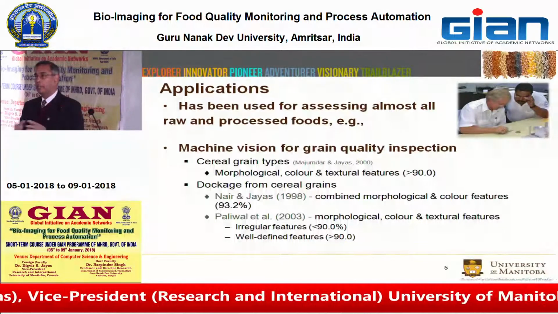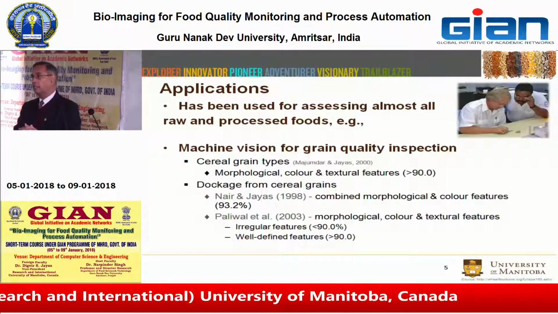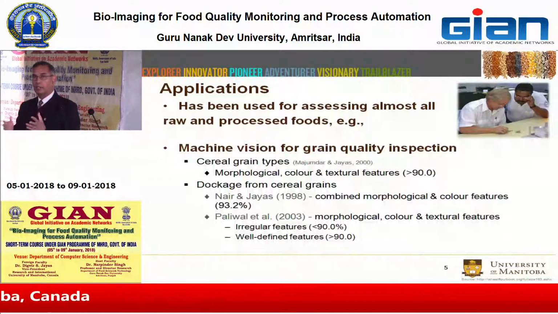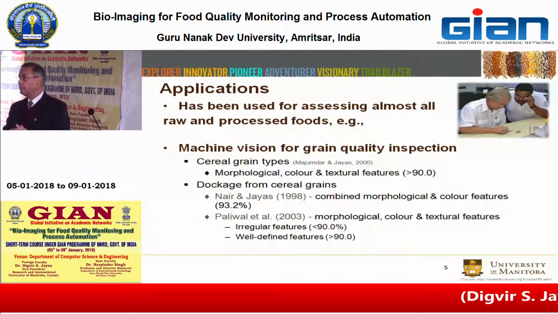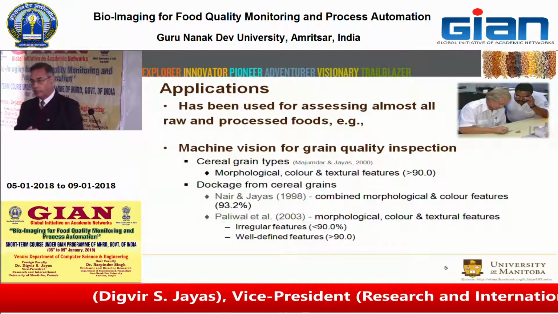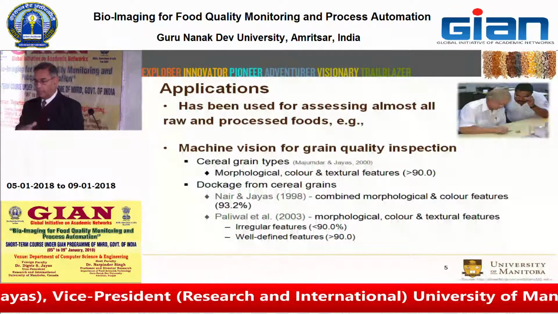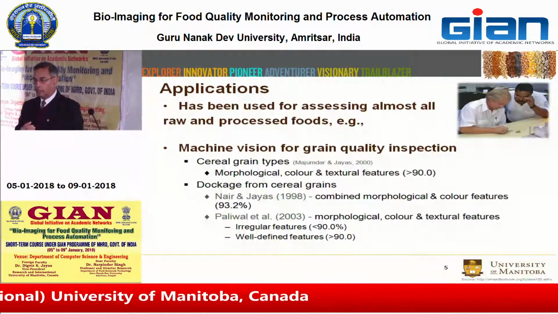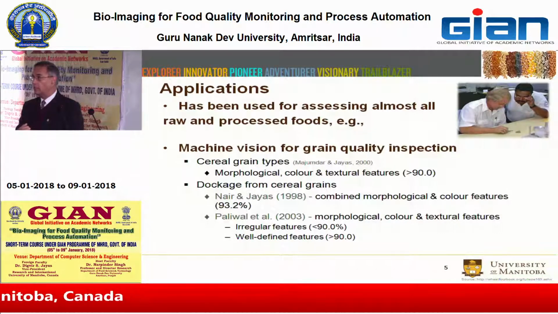So there are many publications in the field of visual spectrum applied to monitoring the quality of the food. Our own lab has done a lot of work on machine vision for grain quality inspection. I have given you just a few examples here.